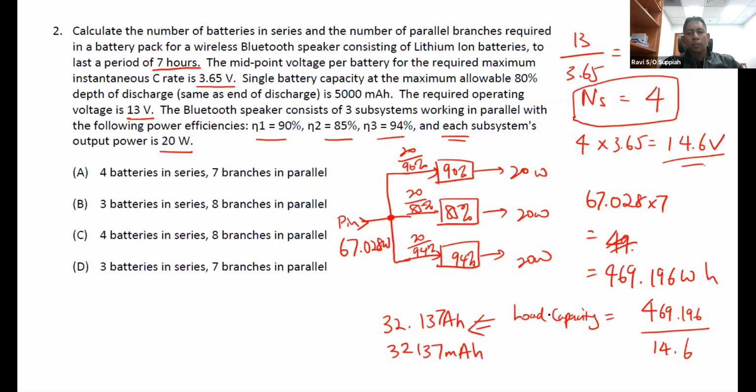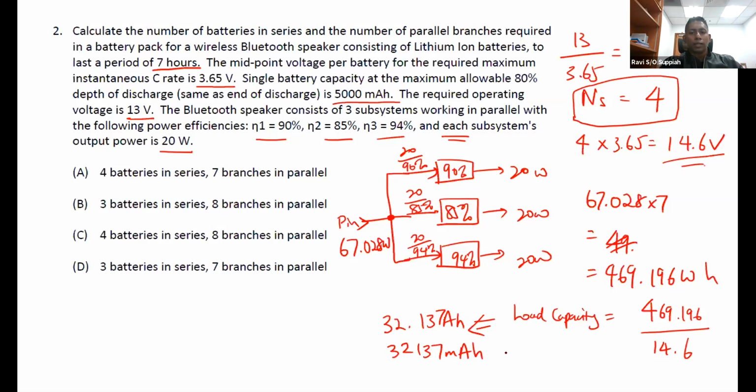So this is the amount of current that I need to provide, and the battery capacity at the depth of discharge is 5000 milliampere hour.